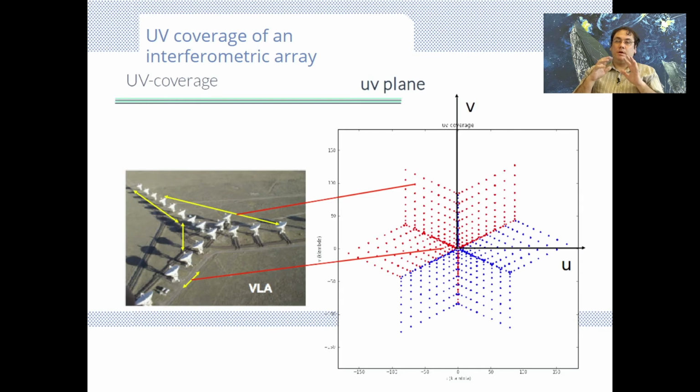Along the furthest regions of this UV space that we're sampling, we measure the more fine-scale structure with the array, and the long baselines therefore lie towards the edge of this space. Towards the center of the space, we have all the short spacings between the antennas.